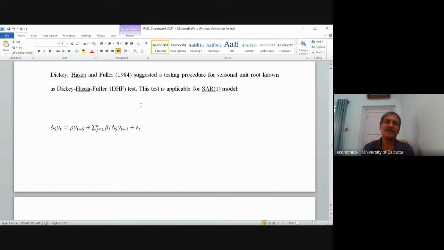So when you express higher order autoregressive model into AR1, there will be a possibility of serial correlation. To control for serial correlation, you need to consider the augmented terms. So it is similar to what we have discussed in the case of annual time series. Okay. So the expression we have shown here is basically the augmented form of DHF.